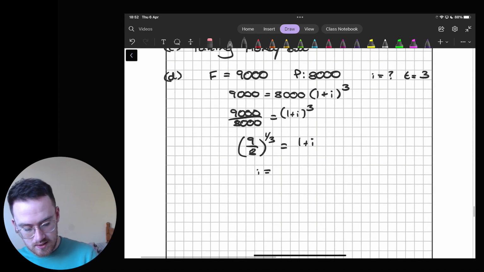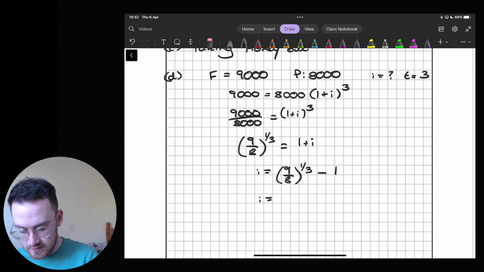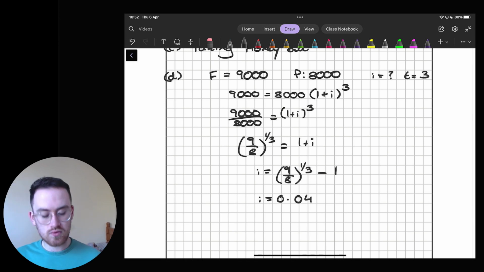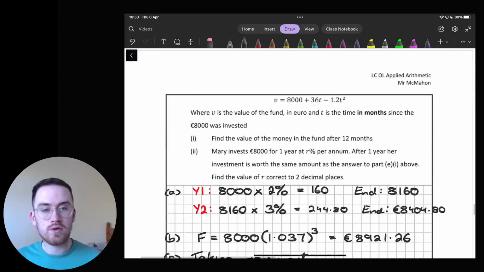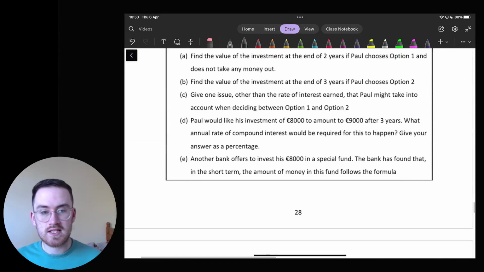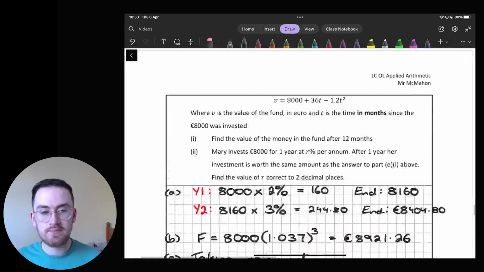So I is 9 over 8 to the power of 1 over 3 minus 1. So I is, let's double check here, 0.04. Okay, so a rate of 4%. We're told to give it as a percentage, so that's 4% then.